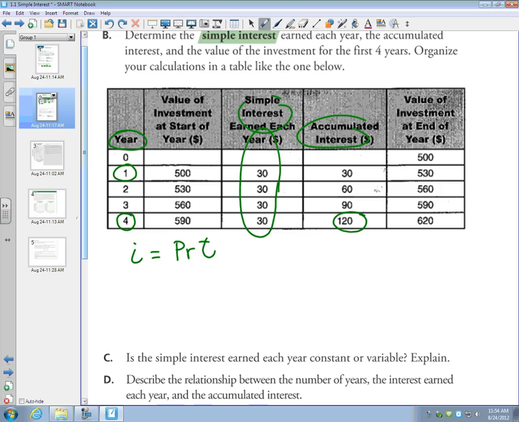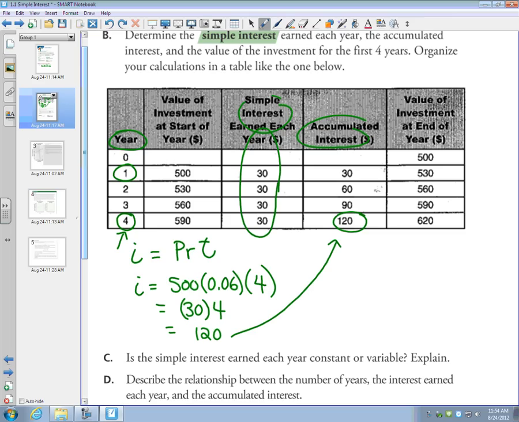Let's look at year 4. The interest earned in year 4 is your principal, $500, times your rate, times the time in years. It was 4 years. We said that 500 times 0.06 is 30. So we have 30 times 4, and that is equal to 120.